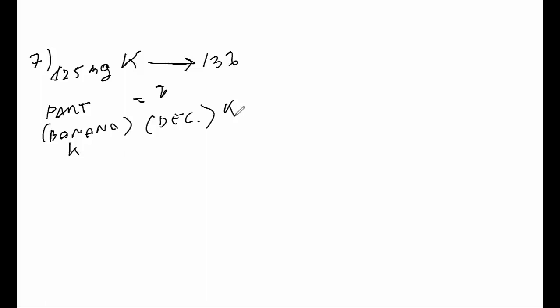So the part that we're given is 425 milligrams of potassium. And remember, we're given 13%, but we always must convert that into a decimal. So the 13% as a decimal, however you want to calculate it, is 0.13.